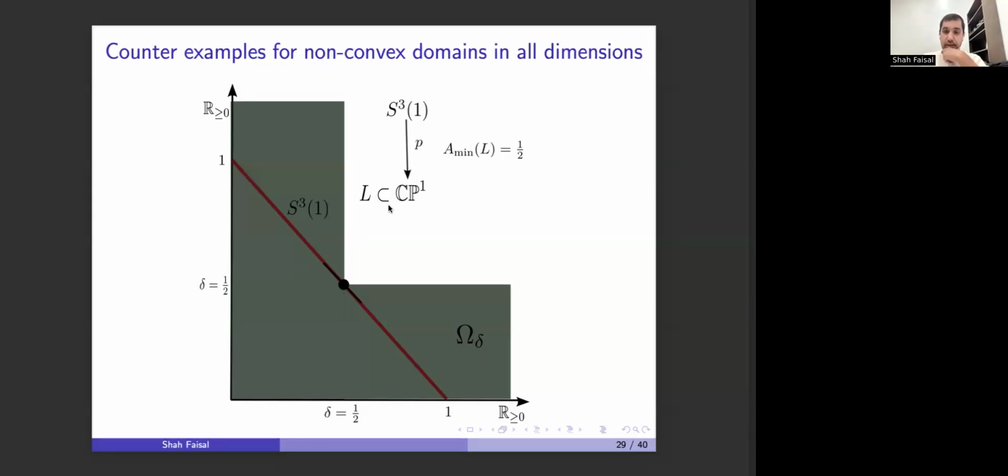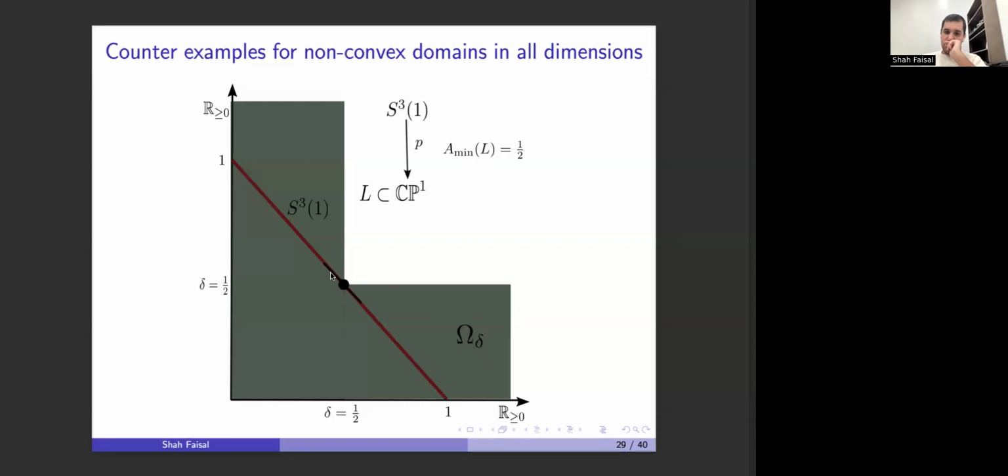cylinders. Now here, if I take L to be the equator, then it just lifts to this black dot. But if I take this loop to be something different from the equator, then it's going to be something that intersects, because there's a theorem that any loop that bounds half of the total area has to intersect the equator. So if you lift it, there's going to be some torus which would intersect this black dot.